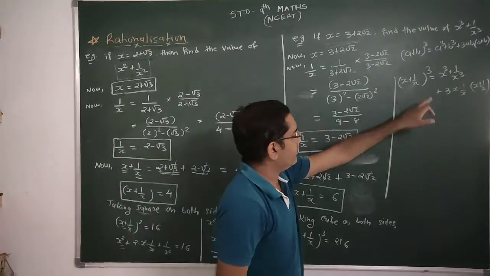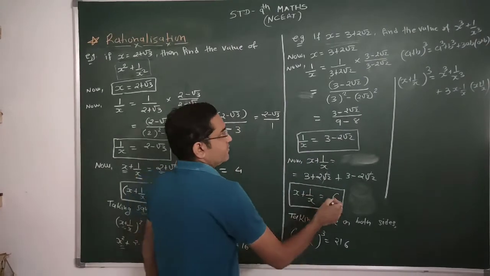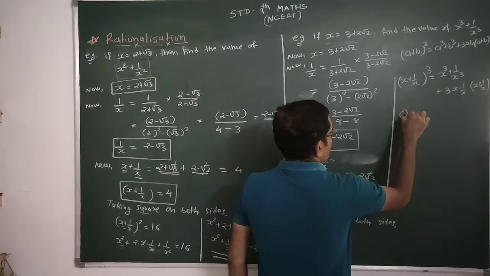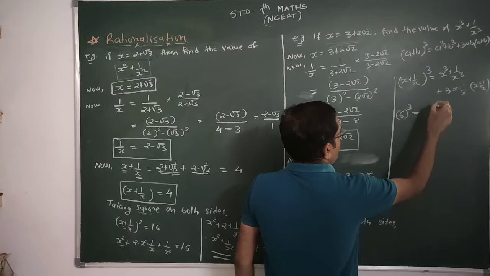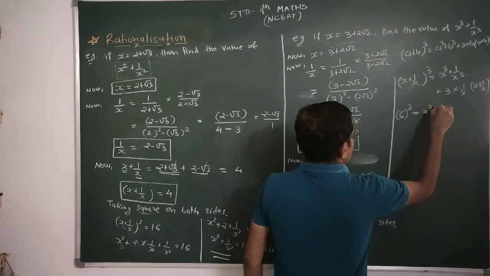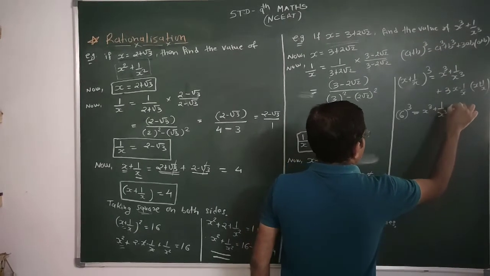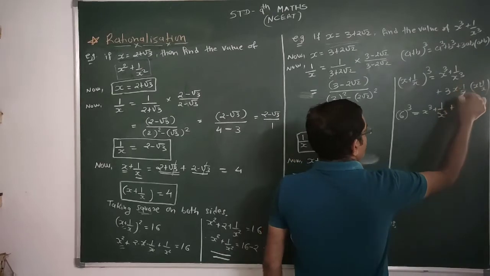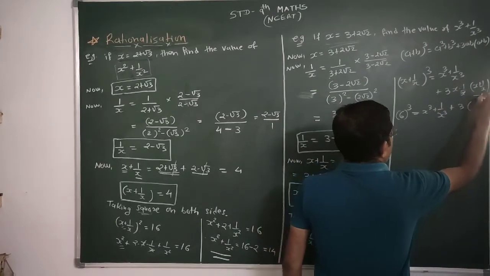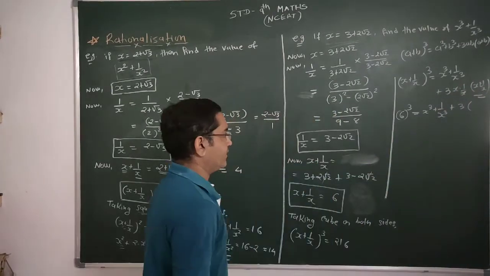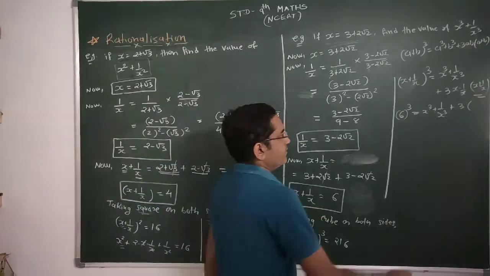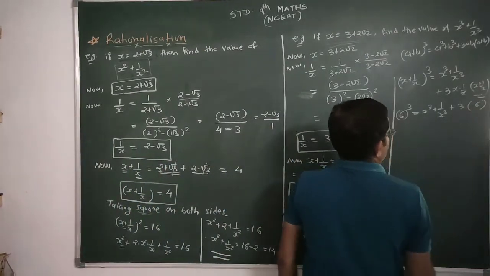So what is our x plus 1 by x? x plus 1 by x is 6. So it's 6 cube equal to x cube plus 1 by x cube plus 3 into again x plus 1 upon x. x plus 1 upon x is 6. So this will be 6.